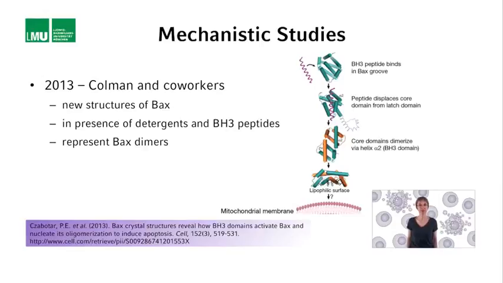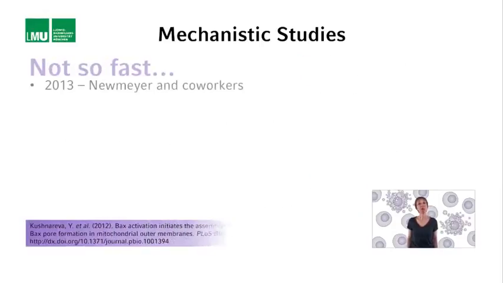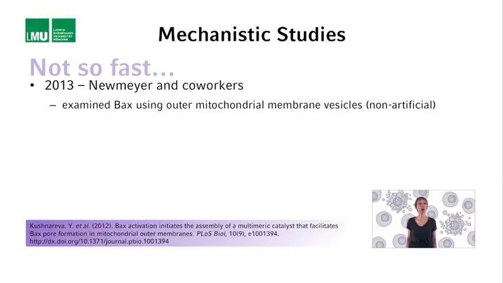And last September, a paper was published in the journal PLOS Biology by Donald Newmeyer and colleagues on BAX activation in isolated mitochondrial outer membrane vesicles. These vesicles are not artificial as liposomes or synthetic lipid membranes are, and they represent more the in vivo environment of the BCL2-like proteins.